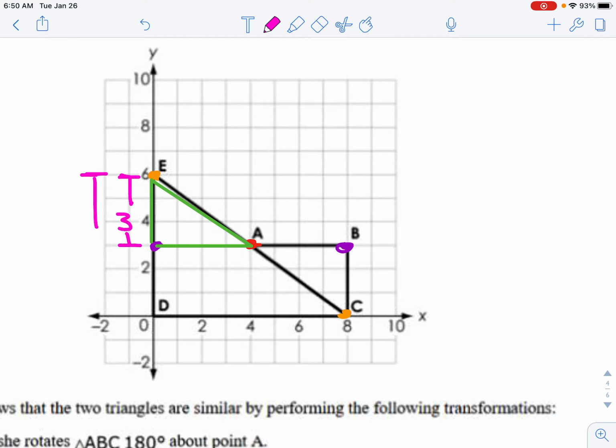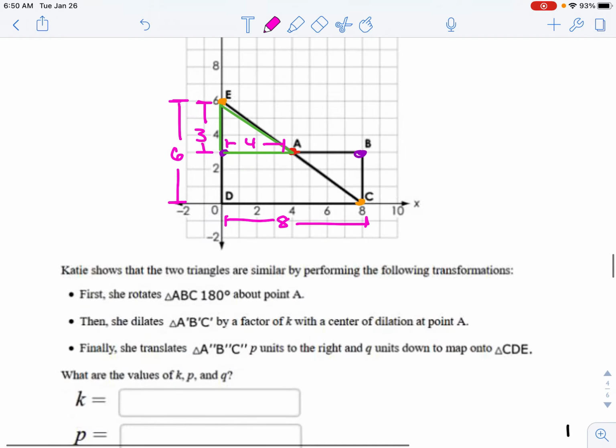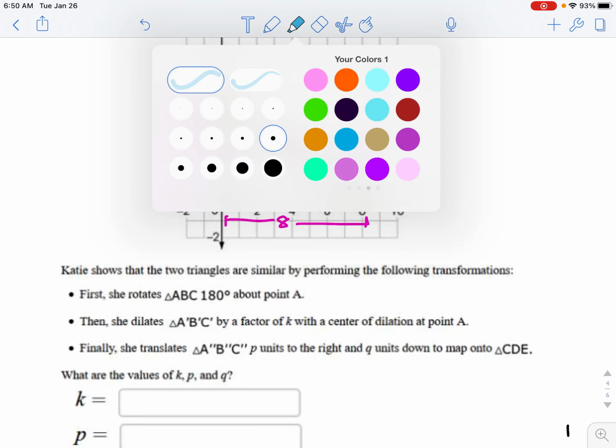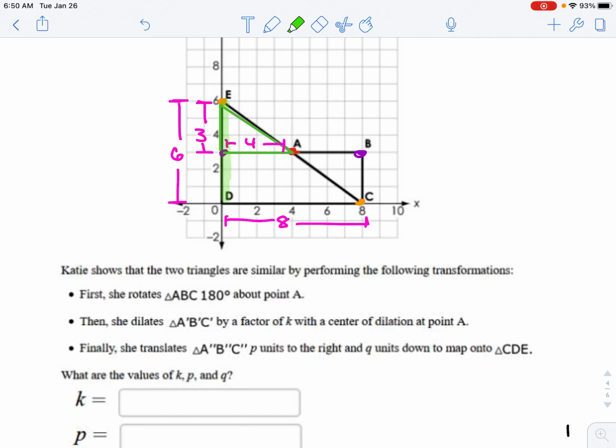The length of the triangle we ultimately want to land at is 6. Similarly, this is 1, 2, 3, 4. Where I want to land at has a length of 8. Alright, so I'm going to stretch this. Now I'm going to use highlighter so I can still see, by a scale factor of 2.